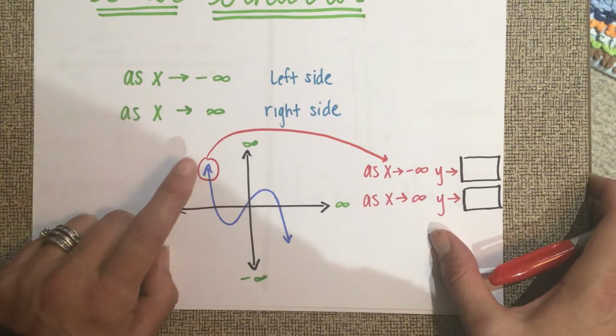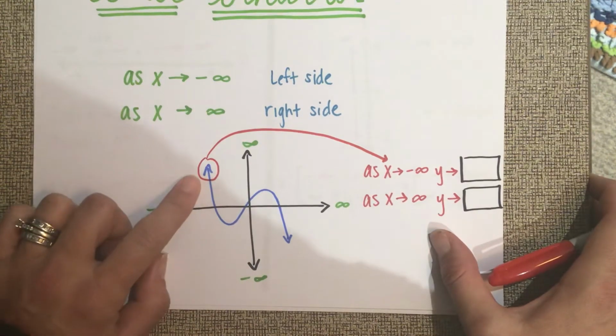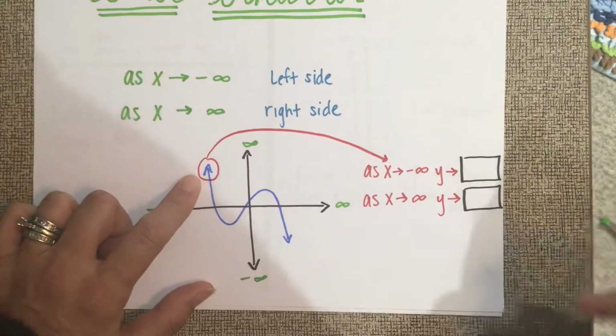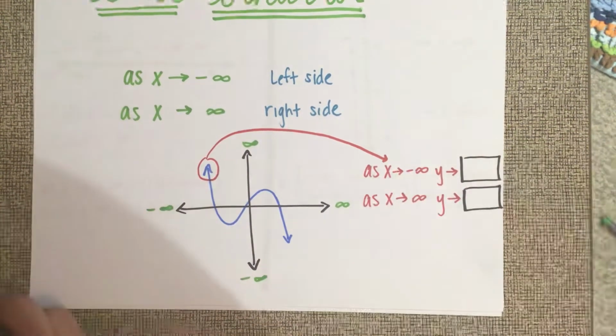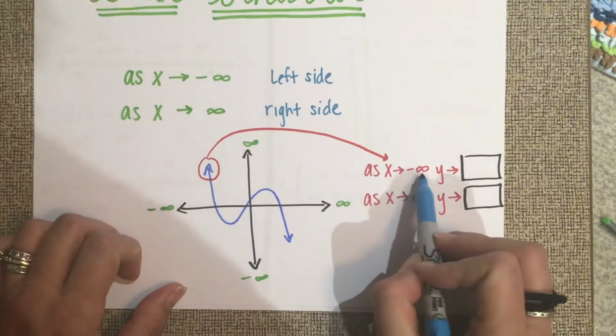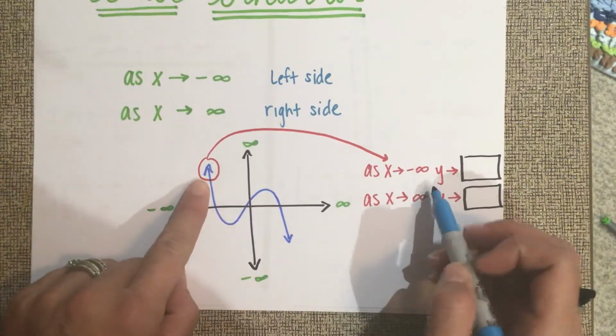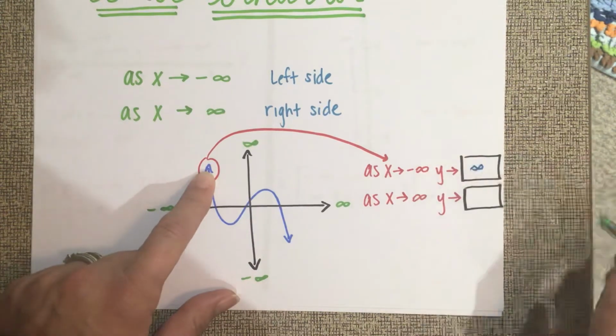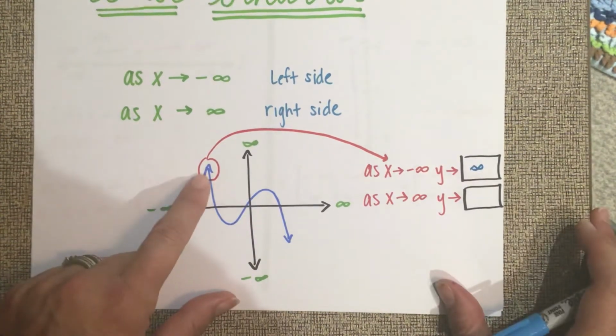Okay, so it's going up. Now, we said up is going to be positive or negative infinity? It's going to be positive infinity. So right here in our answer, as x goes to negative infinity, so we're saying the left-hand side, what's happening to the arrow? It is going to positive infinity because it's going up.